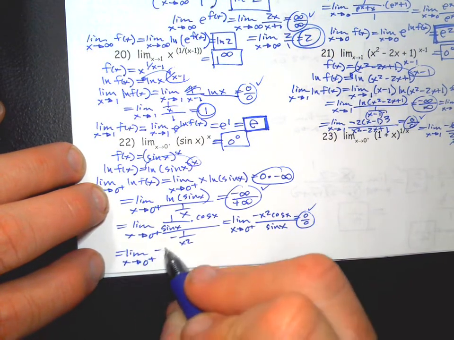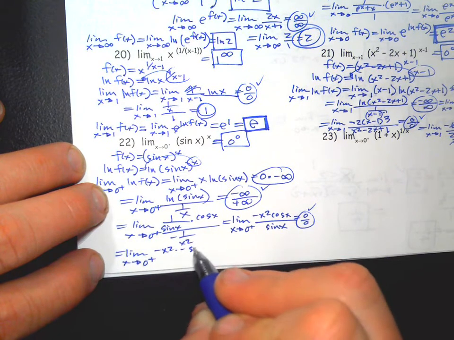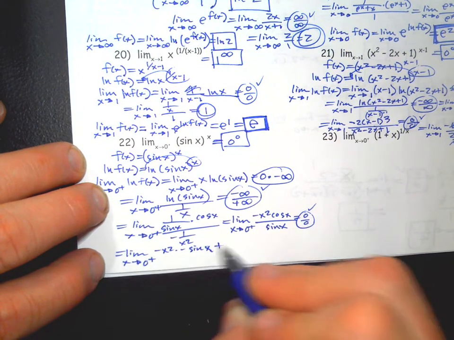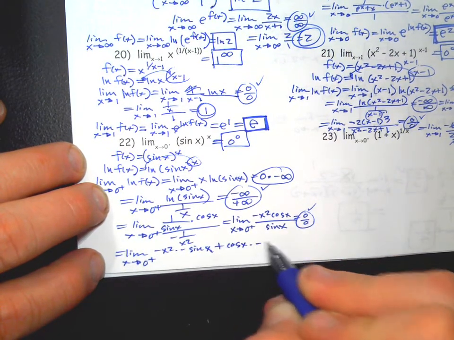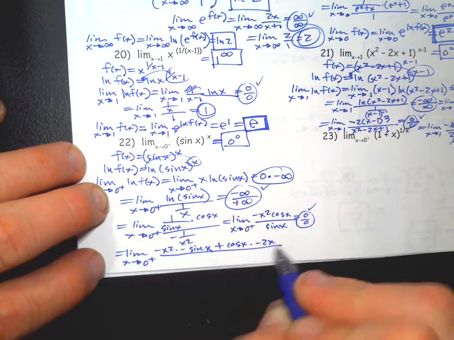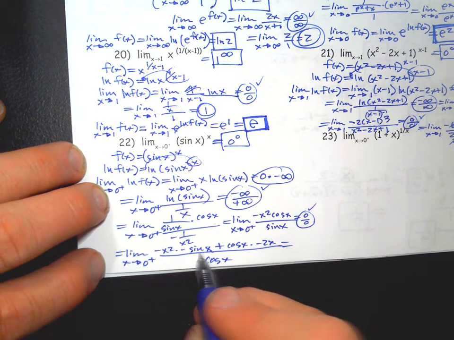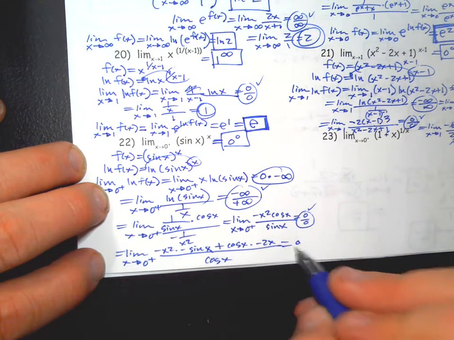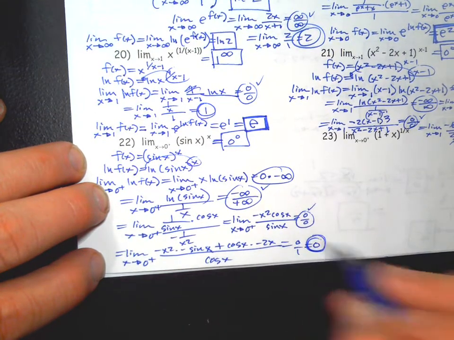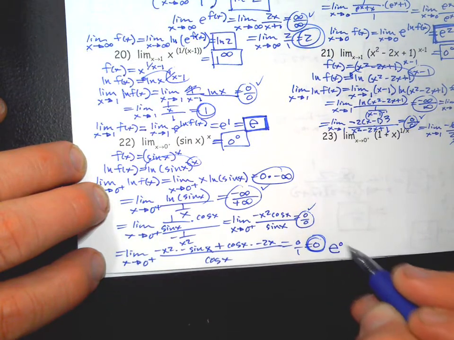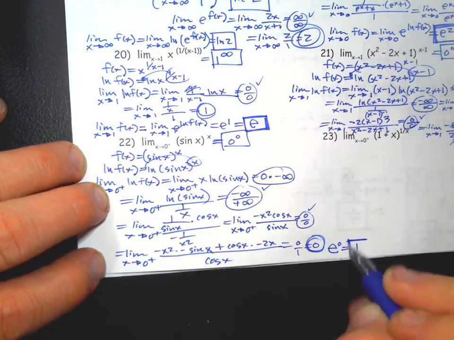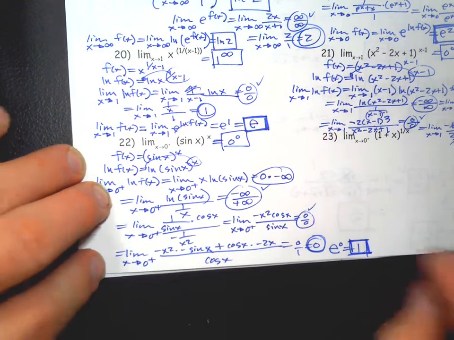Got to do product rule. Plug 0 in here. 0 over 1 is 0. Then you have to re-exponentiate. e to 0 is 1. Okay.